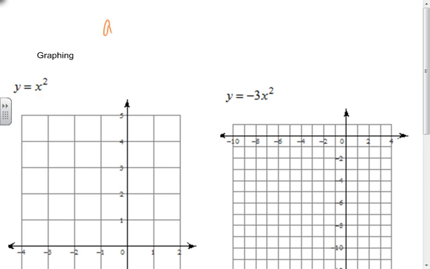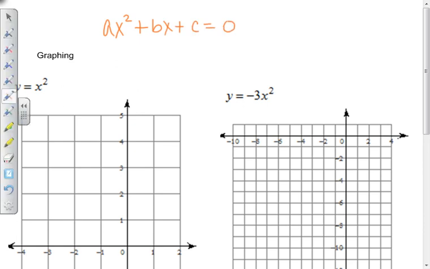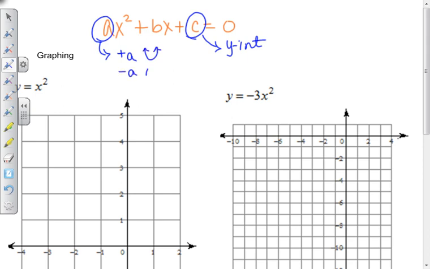When we are looking at ax squared plus bx plus c equals 0, this constant value is your y-intercept. So you always know where it crosses the y-intercept. A tells you if it opens up or opens down. If you have a positive A, it will open up. If you have a negative A, it is going to open down.